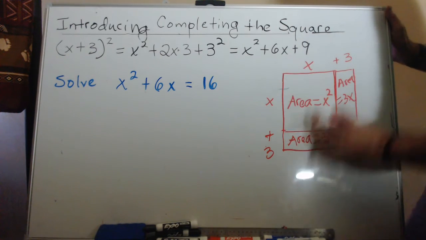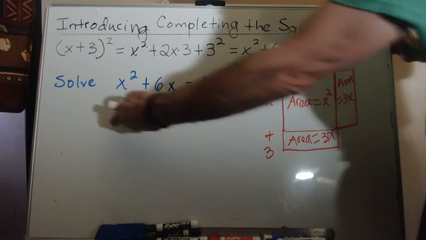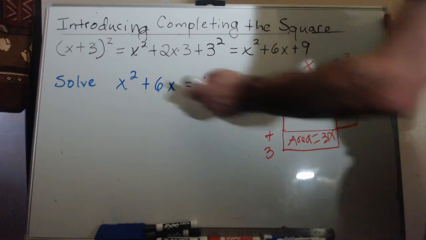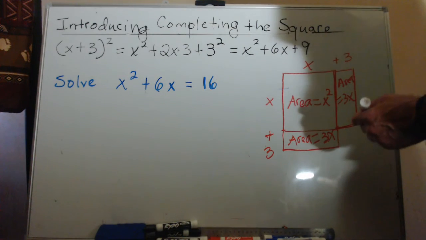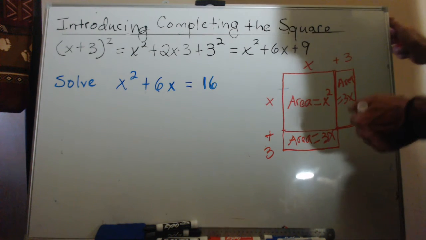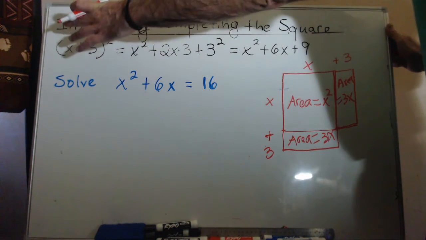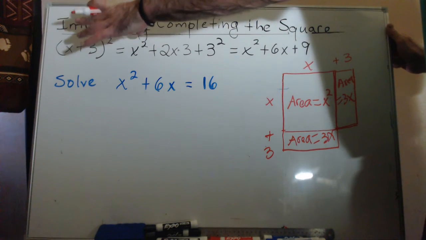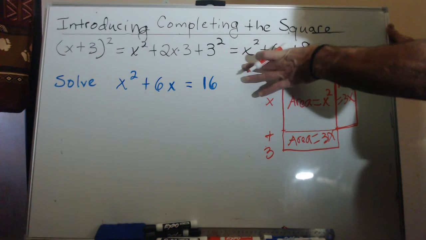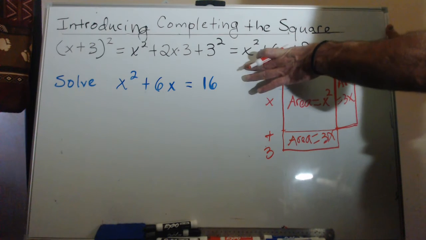The total area of this figure is the x squared plus 6x that we're seeing on the left hand side of this equation. Now furthermore, we know that x plus 3, that quantity multiplied by itself, is equal to x squared plus 6x plus 9.